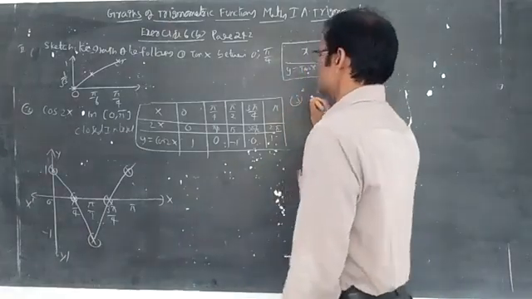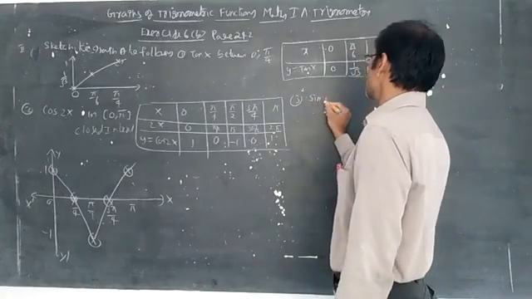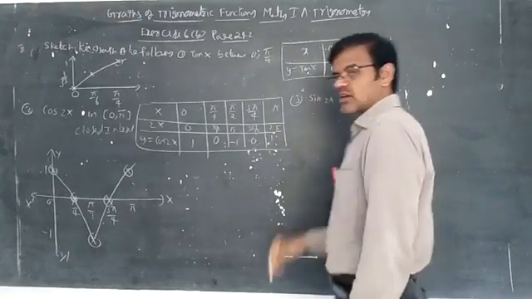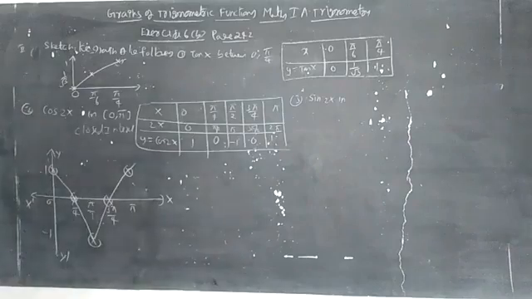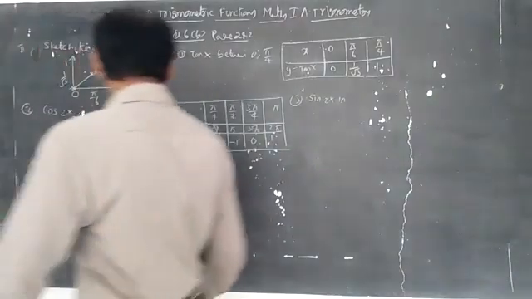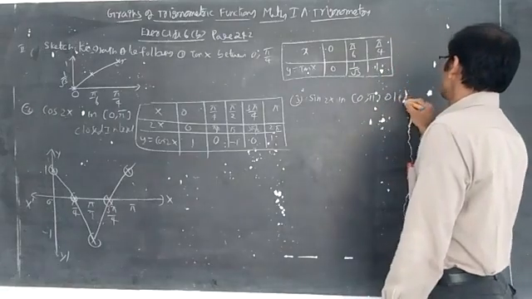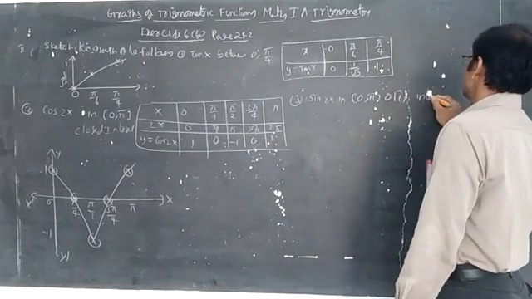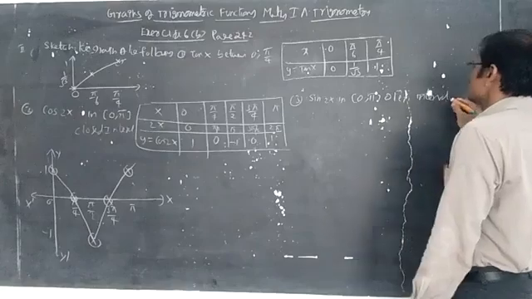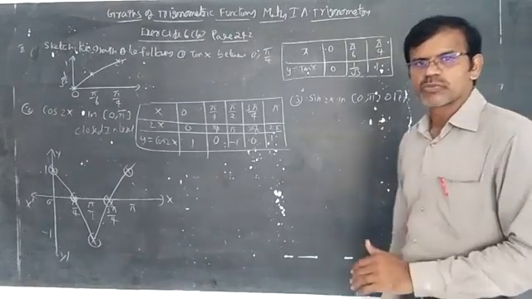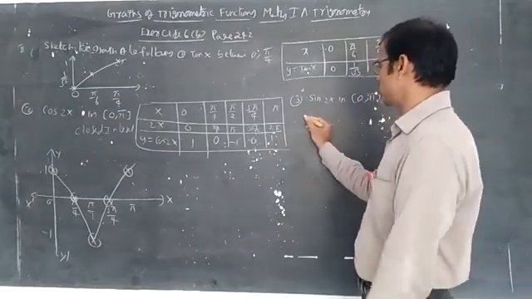Now the third question: sin 2x is given in an open interval, not a closed interval. Open interval means there is no 0 and no pi. You should not consider 0 and pi.